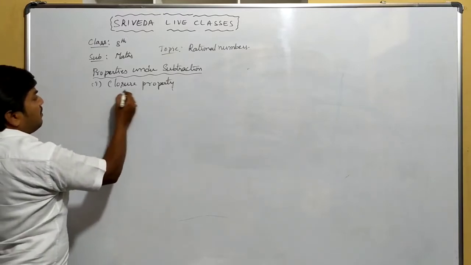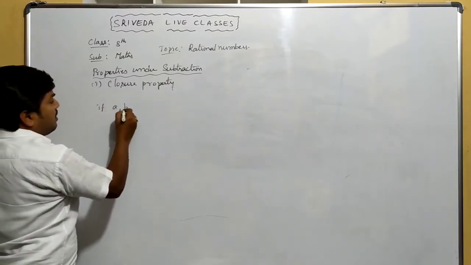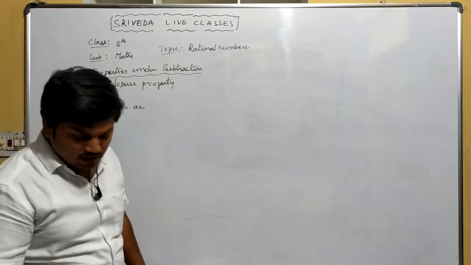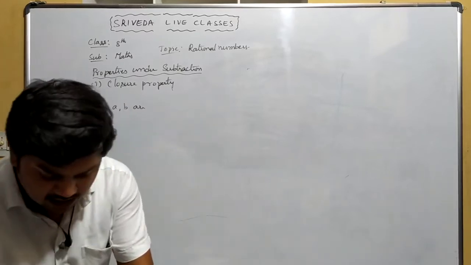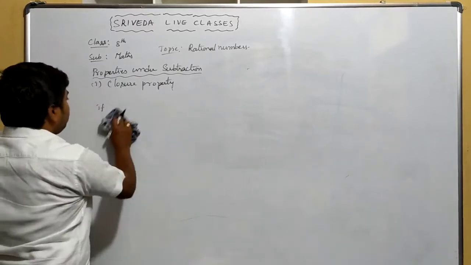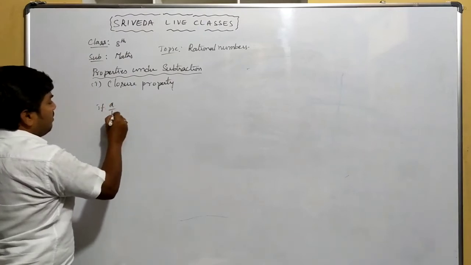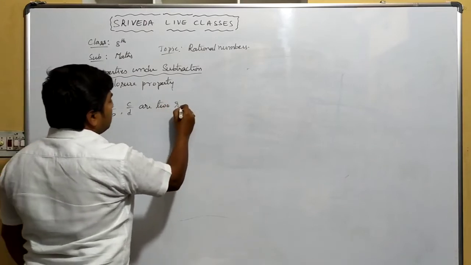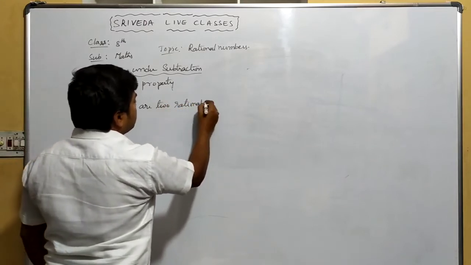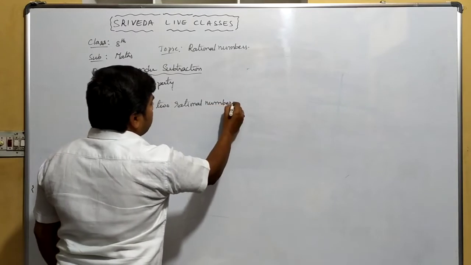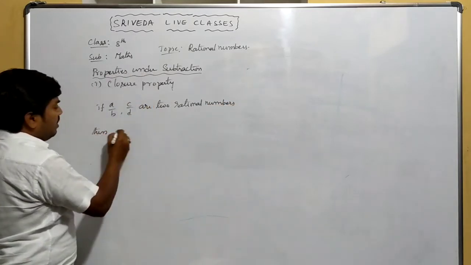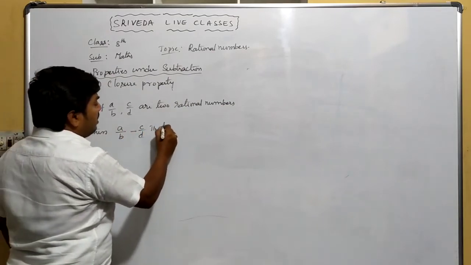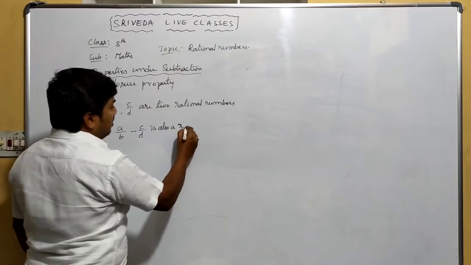So what is the closure property? If a by b, c by d are two rational numbers, then a by b minus c by d is also a rational number.